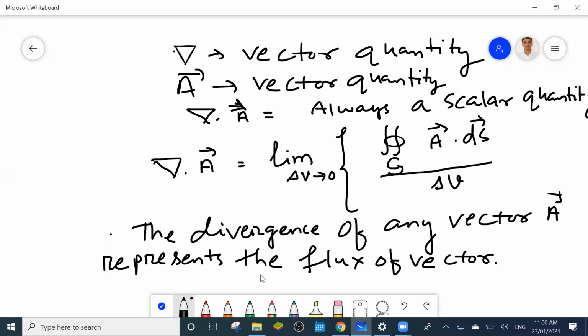If del dot A is a scalar quantity, it may be positive or negative or zero.